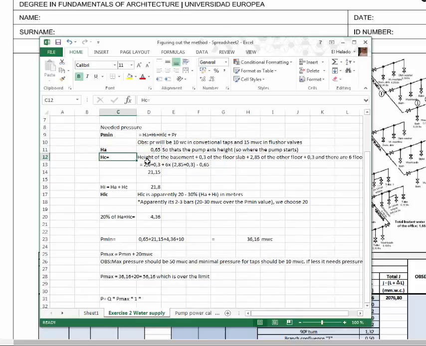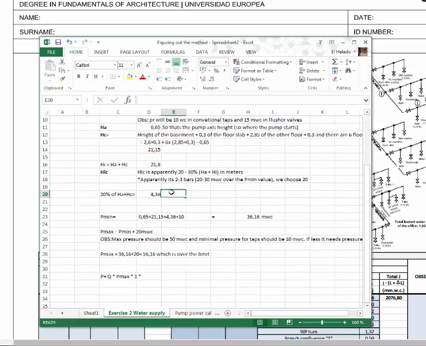And then the HC, it's the height of the basement, plus the thickness of the floor slab, plus 2.85, that's the height of the normal slab, plus the floor slabs, and there are 6 floors total, so there are 2.6 plus 0.3 plus 6 times that one minus the height of the pump itself, and that's 21.15.